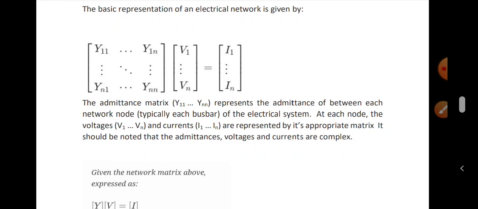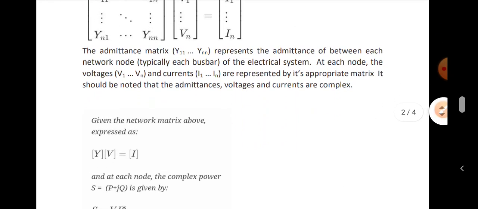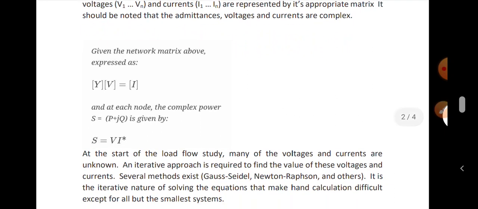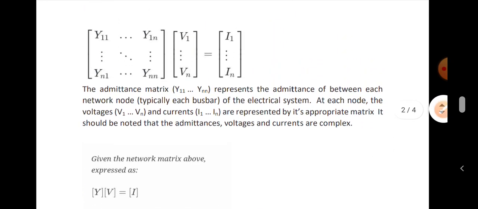Here you just assume that an admittance matrix is there having n into n size, and the equation will be like this: Y into V equal to I. V is the voltage, whereas I is the current, which is also written here for n bus system.